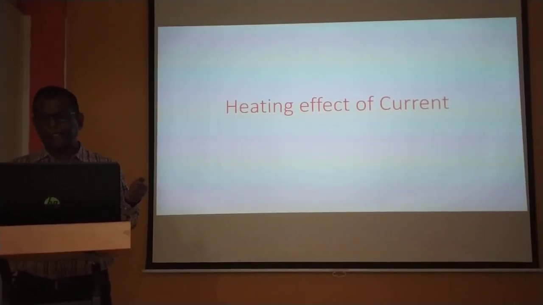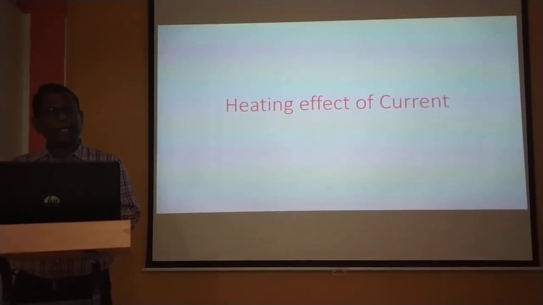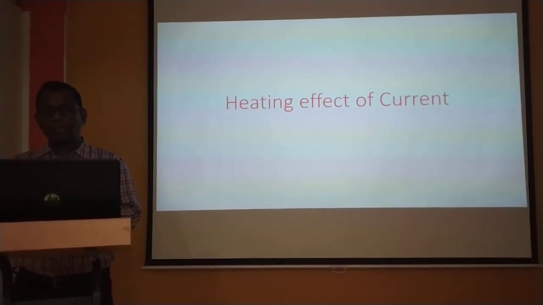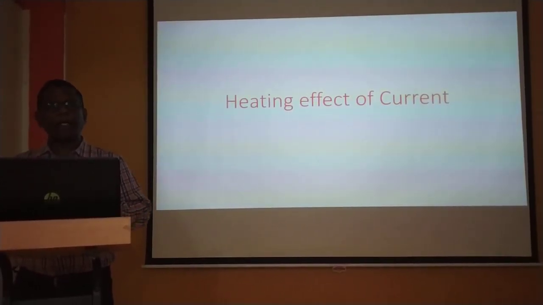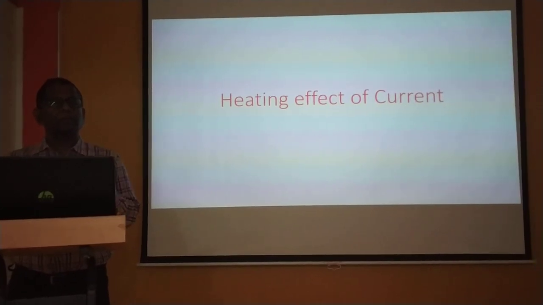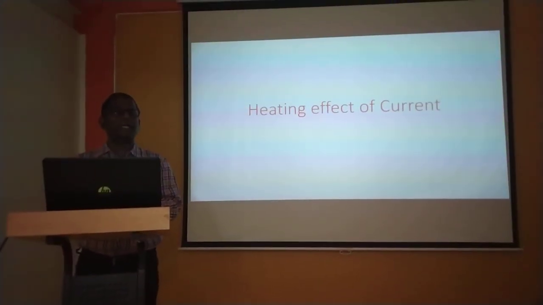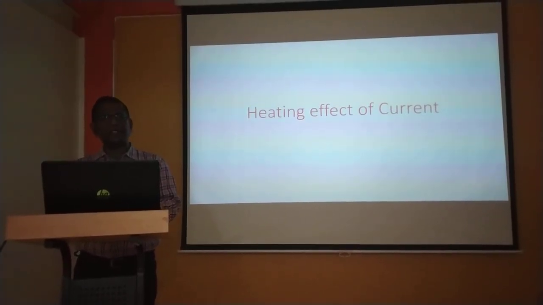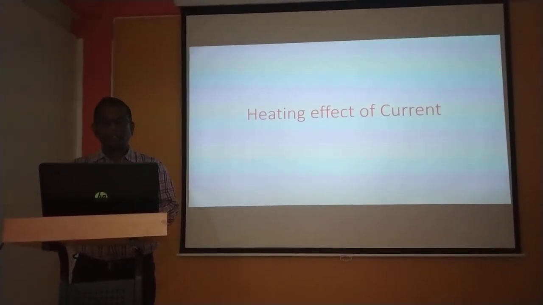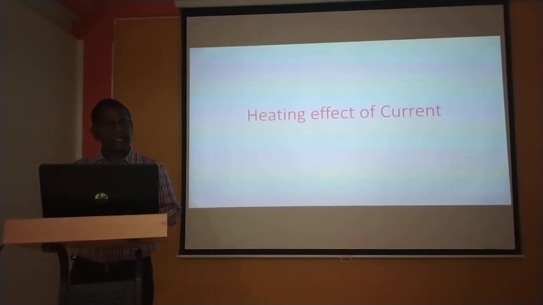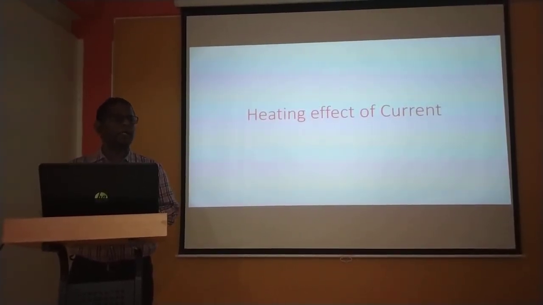We also have seen in the previous lectures that to maintain the current, the source or the battery has to keep expending its energy. So the battery has to maintain the potential difference constant. That means the source has to expend energy.